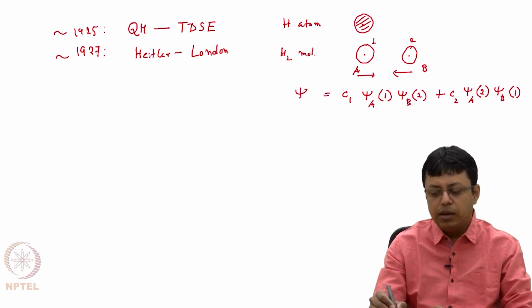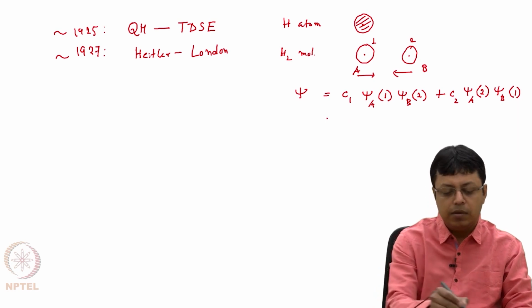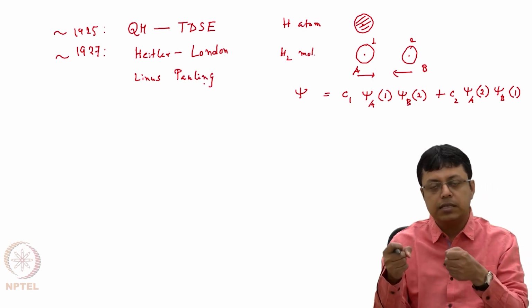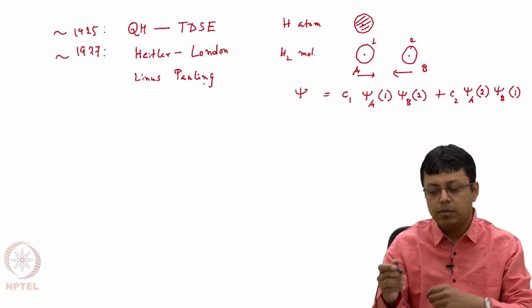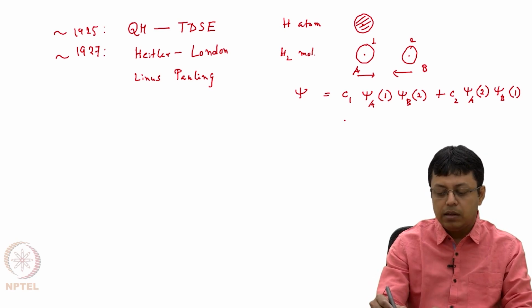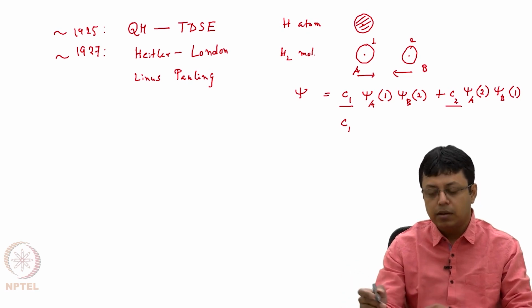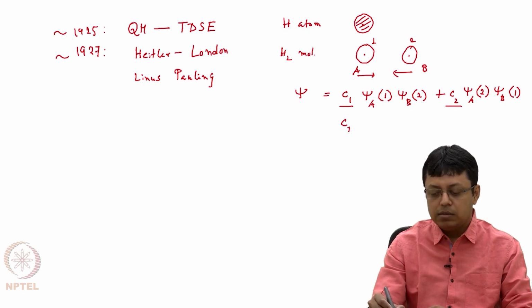And then eventually Linus Pauling subsequently said that you can also have something known as an ionic contribution. Ionic contribution in the sense that the two electrons are in the same atom. I'm just writing these C's, which are basically the coefficients, the relative amplitudes of these wave functions, and suppose I write it as C3 or whatever.